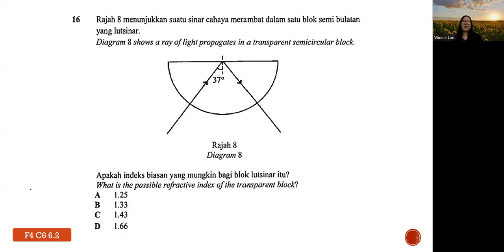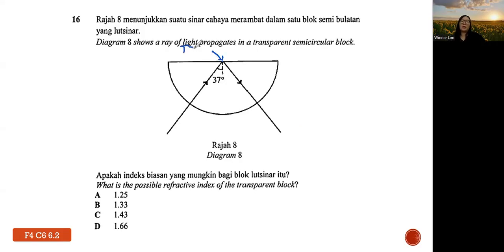Question 16. Diagram 8 shows a ray of light propagating in a transparent semicircular block. What is the possible refractive index of the transparent block? The reason the ray does not bend away from the normal is because it encounters a phenomenon called what? Total internal reflection at this point.